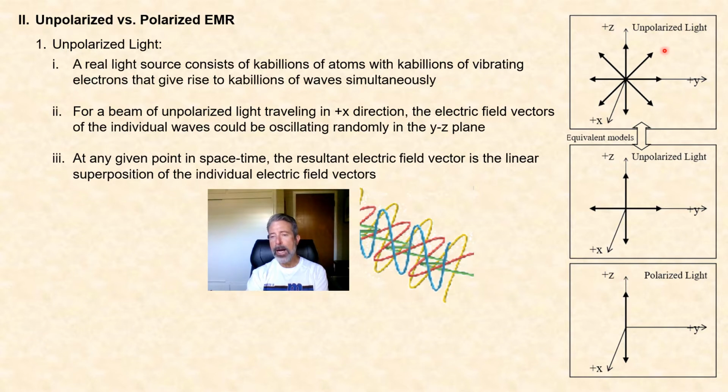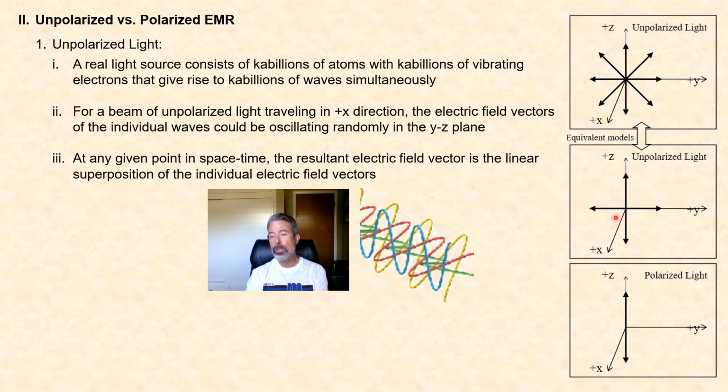So I could add up these electric field vectors in the YZ plane, and I could just as easily represent the picture like this, where this vector represents the resultant electric field in the Y direction, whereas this vector here represents the resultant electric field in the Z direction.